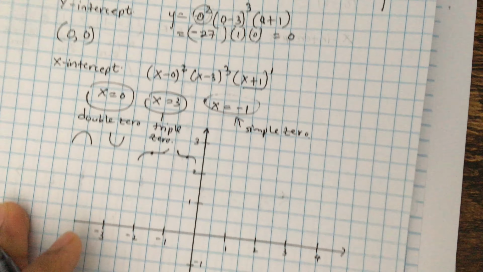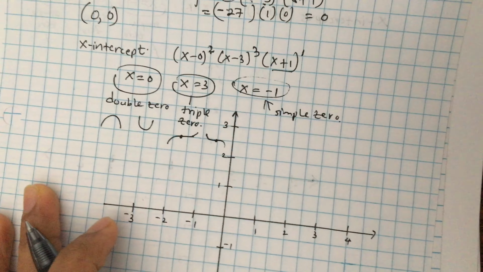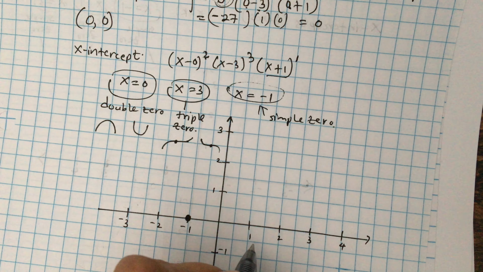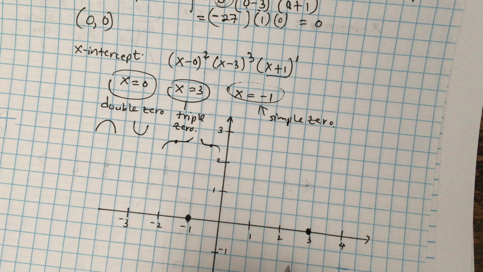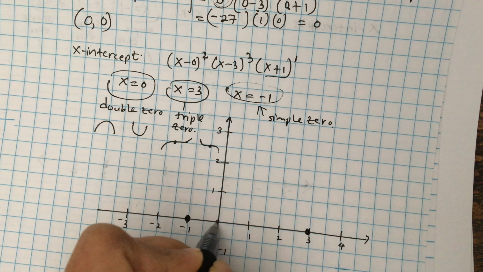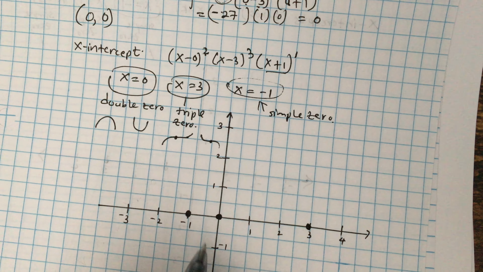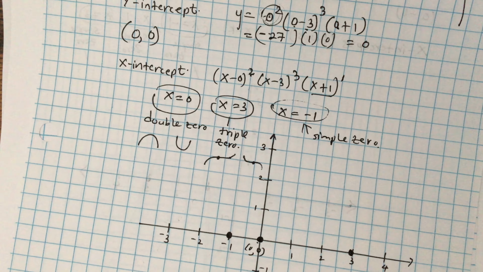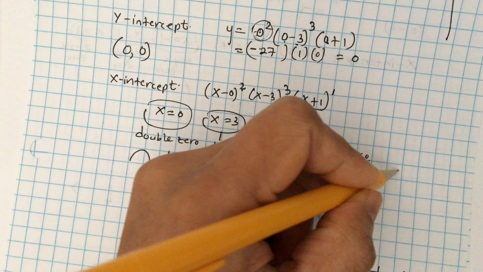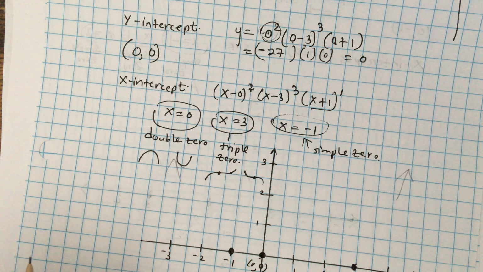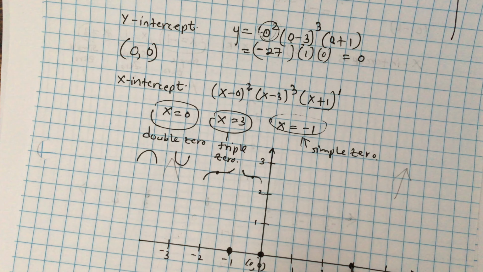Okay, now let's graph this. At x equals -1, you have a simple 0. At x equals 3, you have a triple 0. And at x equals 0, you have a double 0. And the y-intercept is also (0, 0). And so the end behavior is like this and like this, right? So as you can see, at x equals 3, you have a triple 0.